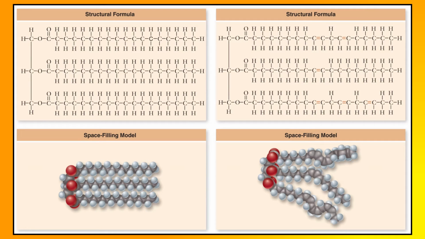So here we see the structural formula for fats. And you've seen this before. Here's your little glycerol molecule. Remember, this is a triglyceride. Here's your little glycerol molecule, 3 carbons, attached to 3 long-chain fatty acids.